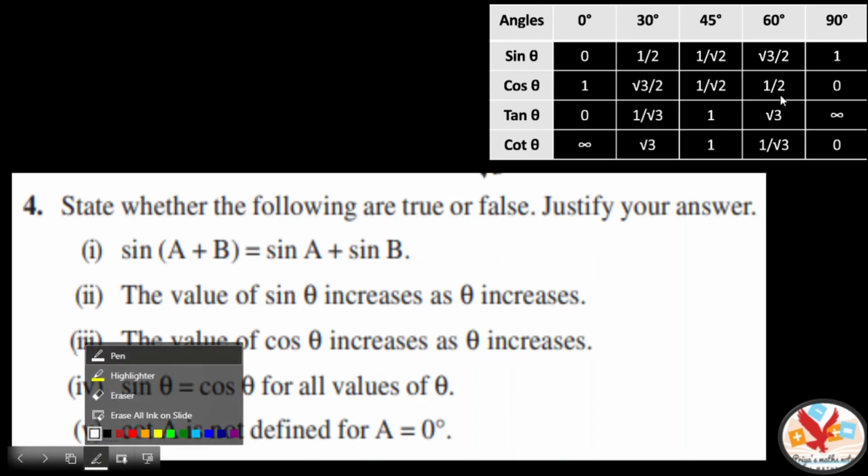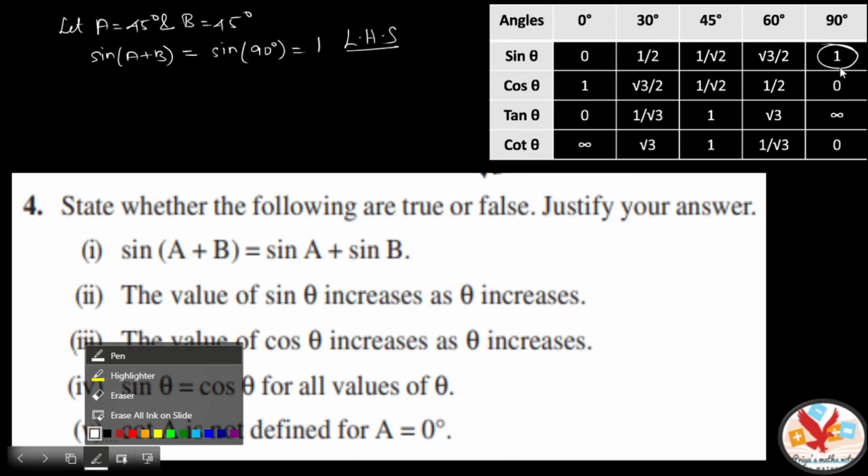Let A be 45 degree and B be 45 degree. Then sin (A plus B) is equal to sine of 45 plus 45, which is 90 degree. Sine 90 degree is 1. LHS is 1. Now RHS, let us see whether it comes the same.